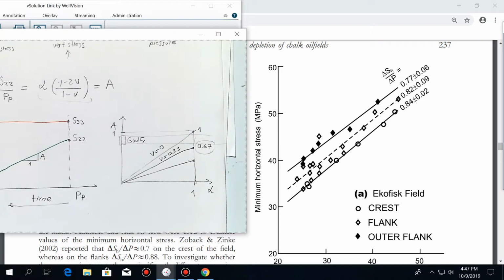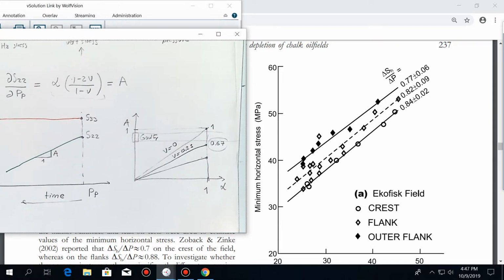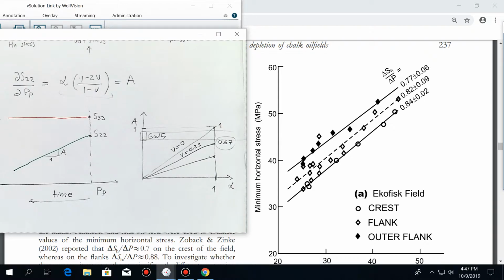Or why would it create earthquakes? Okay, well, depletion in general, it could cause earthquakes, but it's not specifically this reason.